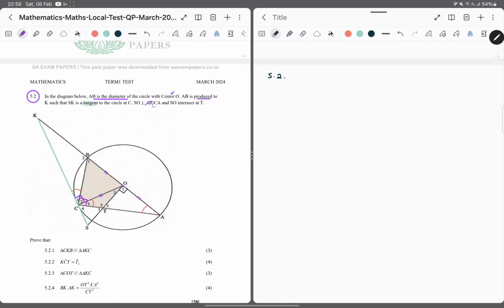We're told SO is perpendicular to AB. That's what we just used. And CA and SO intersect at T. Now, once we see two lines intersect, vertically opposite angles will be equal. Maybe that is very important, but that's something to consider. We can easily say this angle right here should be equal to that angle. And since this is a cyclic quad now, that angle also is involved, either as an exterior angle for both, or however we want to link them.